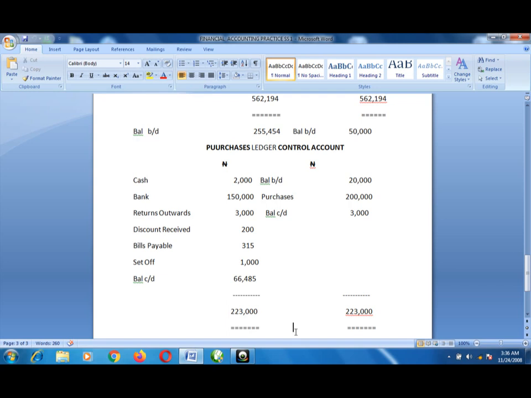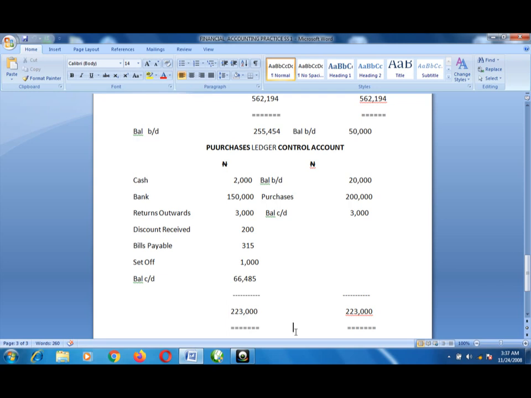That's why you have 3,000 under DR, you transfer it to the credit side and write the balance carried down. 66,485 naira, transfer it to the debit side and tag it with the balance carried down, and you close your account. Your account must balance.